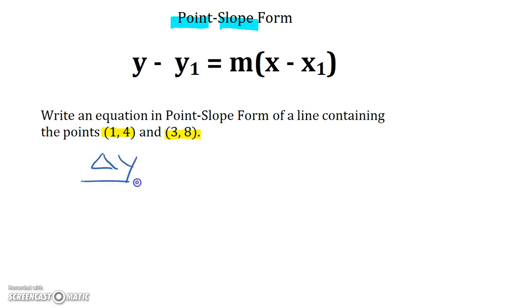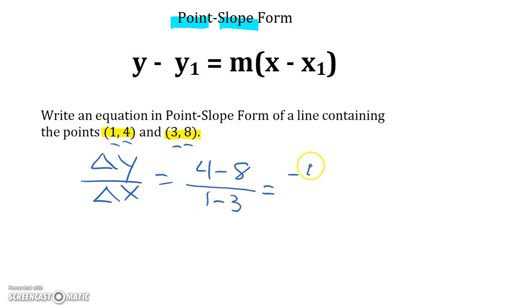The slope is the change in y over the change in x. So let's subtract our y coordinates, subtract our x coordinates, leaving us with negative 4 over negative 2, which is just 2. Good. So our m is 2.